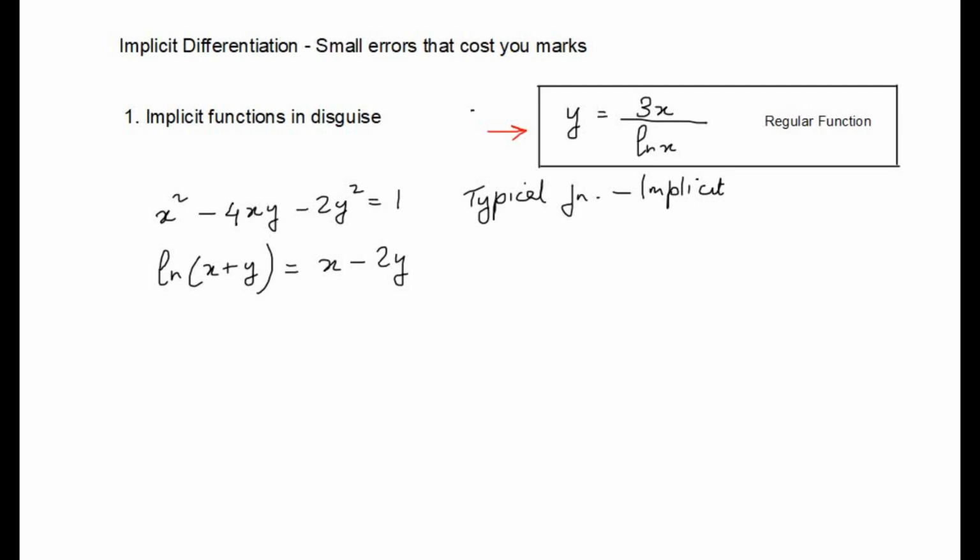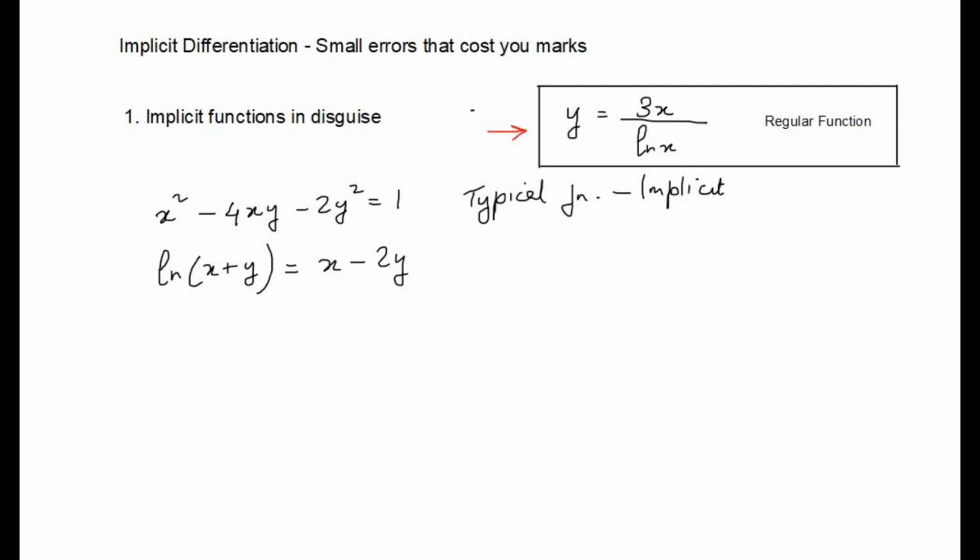They are not separated into y on one side and x on the other side. They are not put down in such a way that you can make y the subject, because you can see that y and x are both inside the log function. So this is an atypical implicit function, and you have to differentiate it as implicit differentiation.